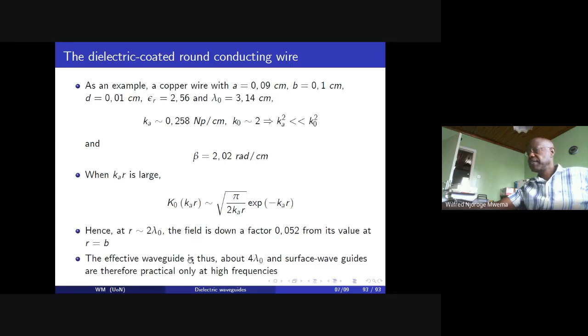And therefore, the effective waveguide will be given by a guide that is about 4 lambda naught, and the surface waveguides are therefore practical only when we deal with high frequencies, because if we are to deal with a low frequency, then the lambda is going to be large, and since the effective guide should be 4 lambda naught, then you can see that the waveguide will be very, very large indeed.